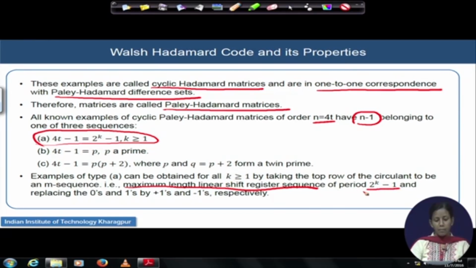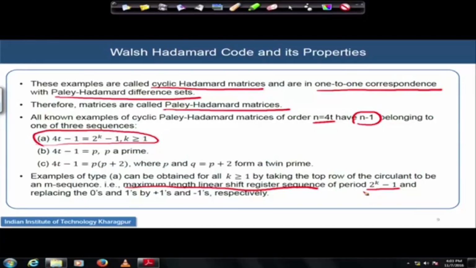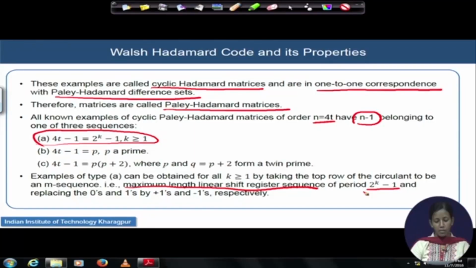But remember the maximum length sequence usually consists of zeros and ones. So, you have to replace all the zeros by plus 1 and the ones by minus 1, and the way you have constructed it, you will end up with Paley-Hadamard matrices with this typical relation.